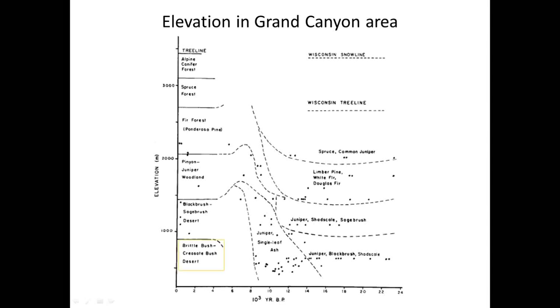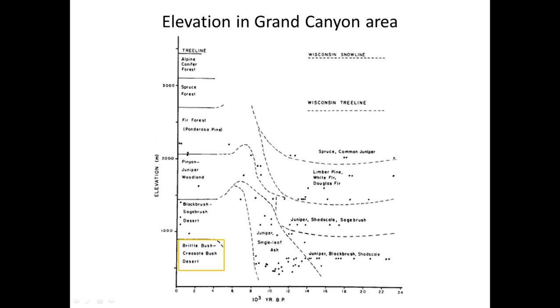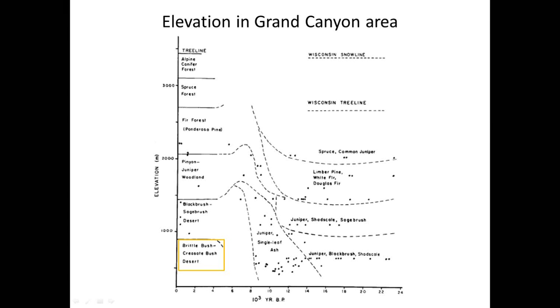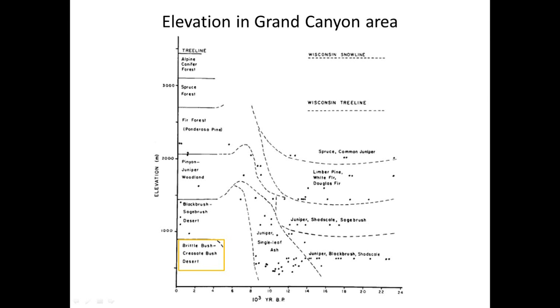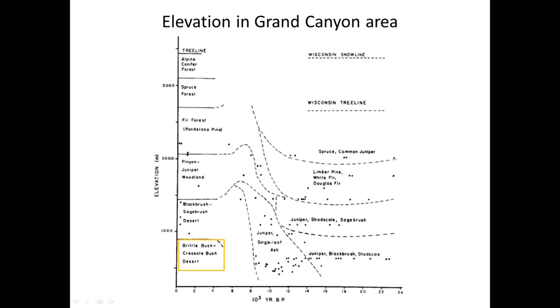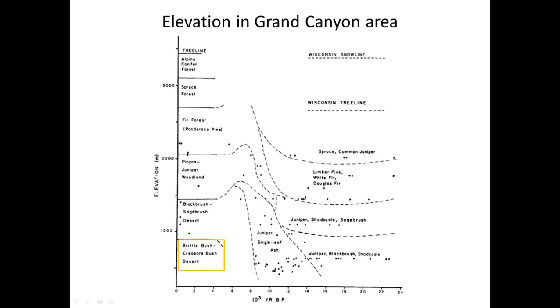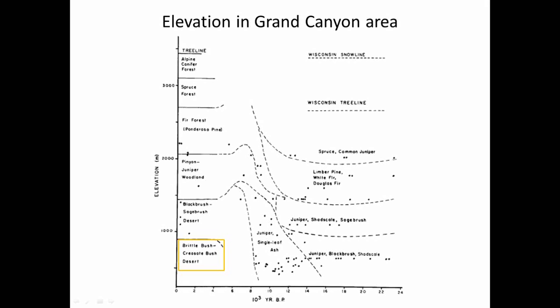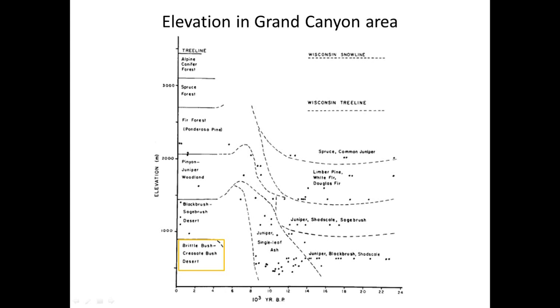So for example, what we're finding is that as this area at low elevation moved towards present, the particular plant community that came into being was a desert community, which was different than 20,000 years ago.